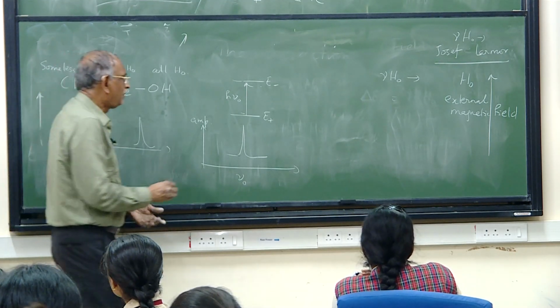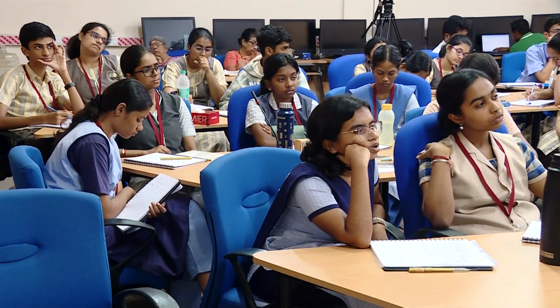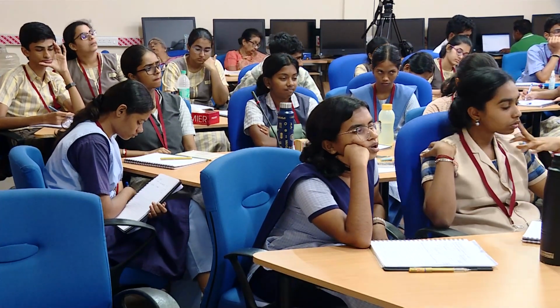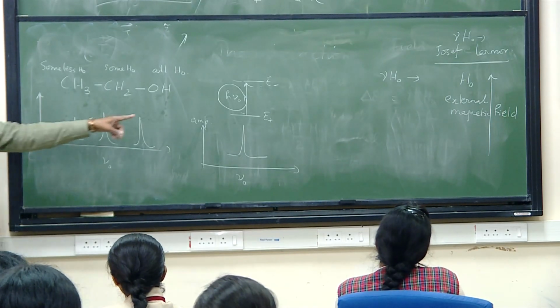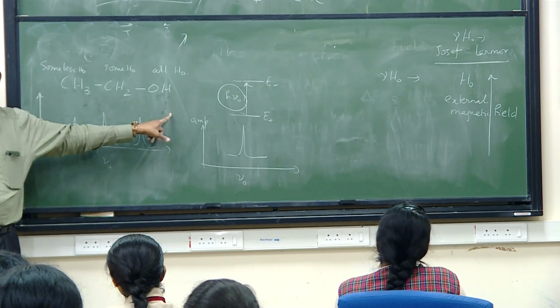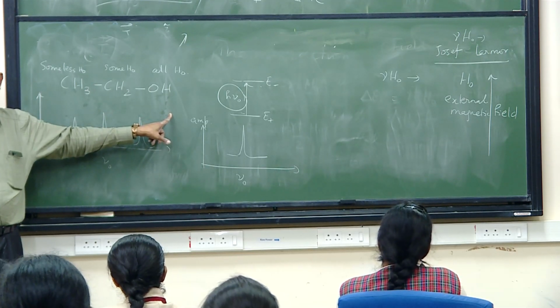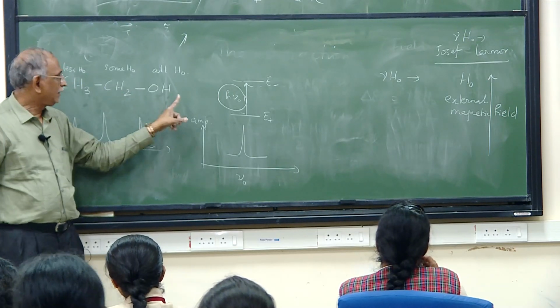Now, please remember, your absorption frequency is only h nu naught. Your radio frequency coil generates only nu naught. Therefore, this nu naught cannot result in simultaneous absorption of all three of them. It has to match one of the resonance frequencies. Then that proton will absorb.